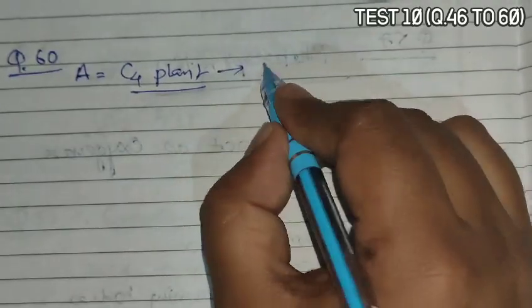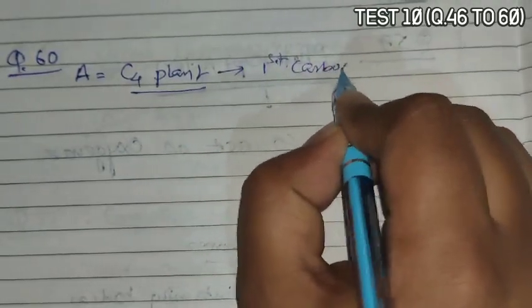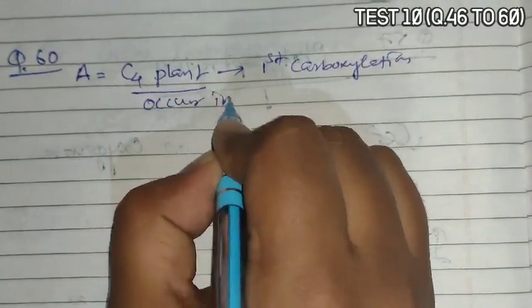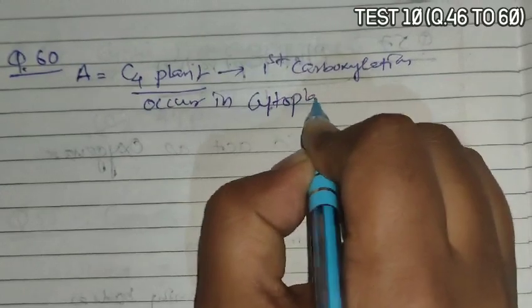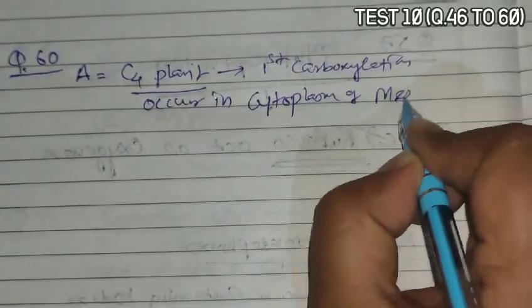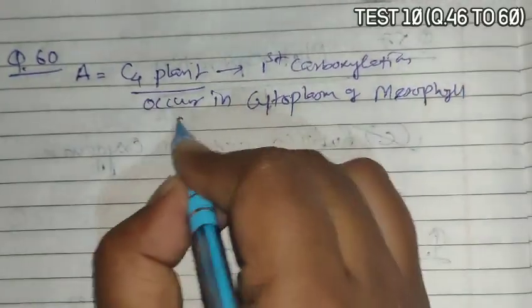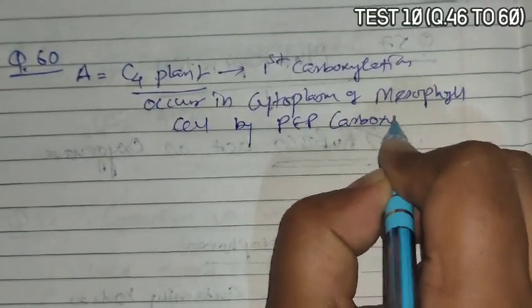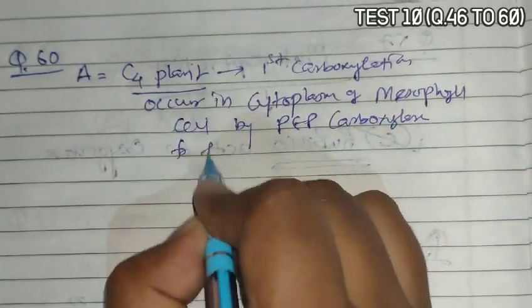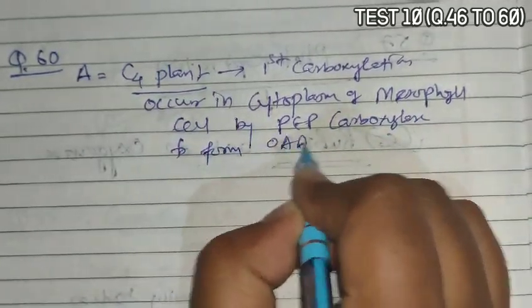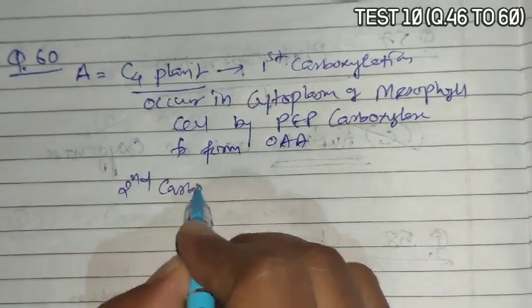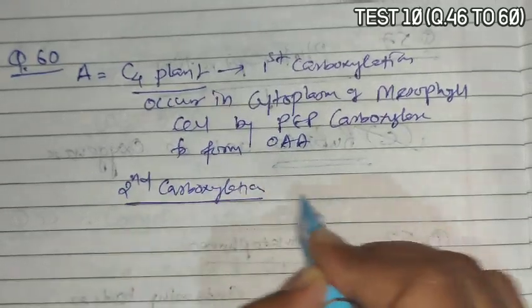Actually, in C4 plants, the first carboxylation occurs in the cytoplasm of the mesophyll cell by PEP carboxylase to form oxaloacetic acid, and the second carboxylation occurs in the bundle sheath cell.